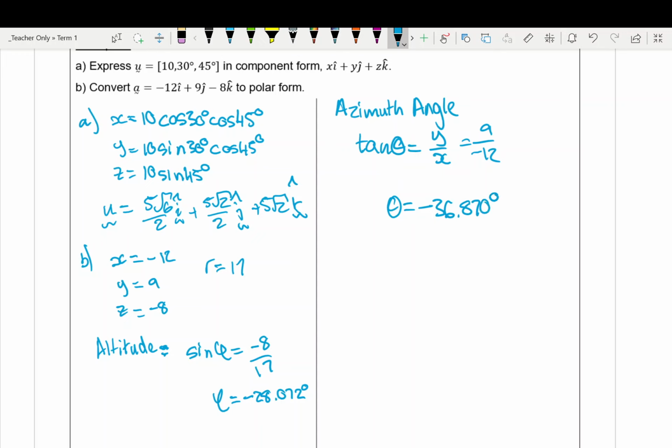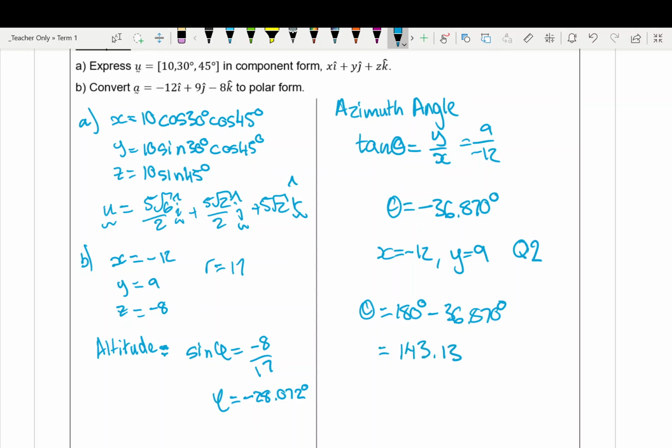Because x equals -12 and y equals 9, we recognize that we're in the second quadrant, so we actually have to do a little bit more with this value of theta. We have to take it away from 180 degrees because we found our first quadrant value, but we need our second quadrant value.